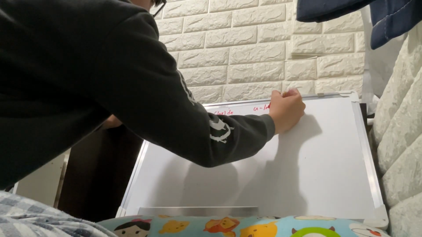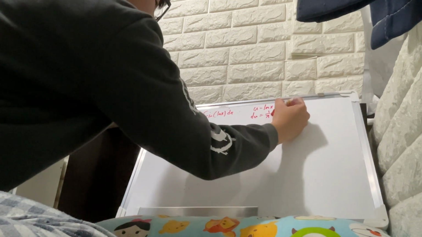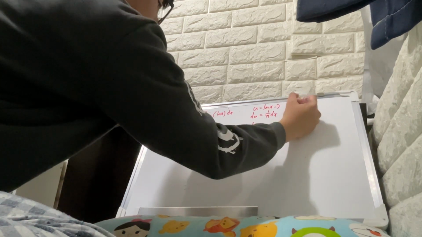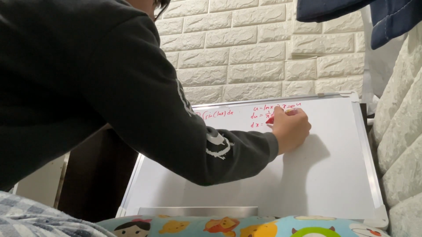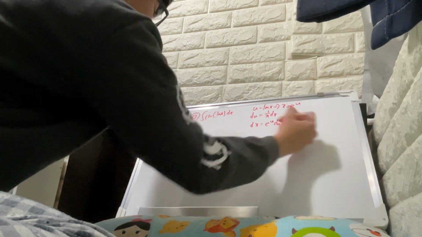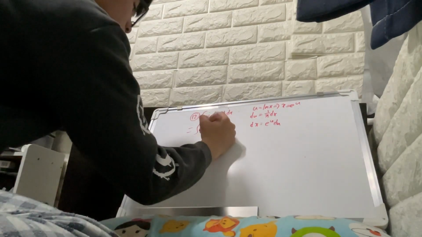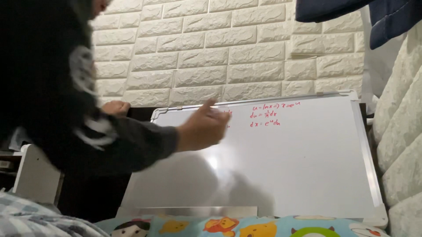So we let u equal ln x, our du is equal to 1 over x dx, and then our x is just e raised to the u, so dx is equal to e to the u du, so it becomes e to the u multiplied by sine u du.